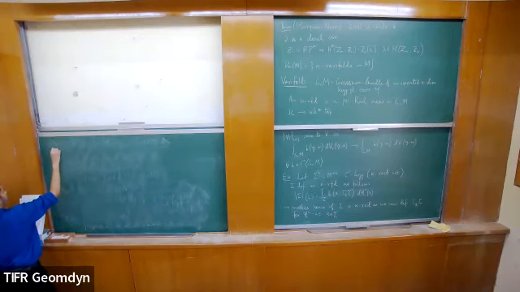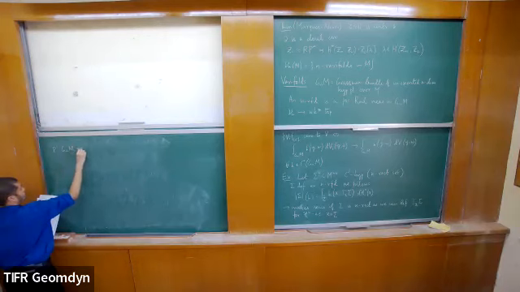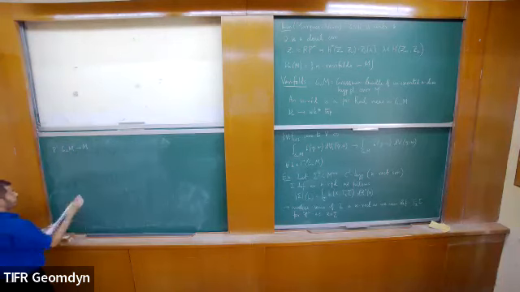So let P from G n M to M be the canonical projection map.